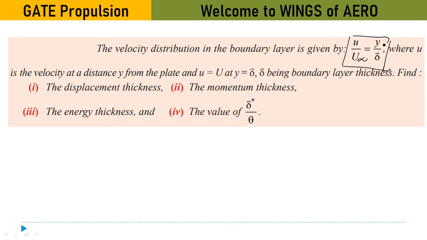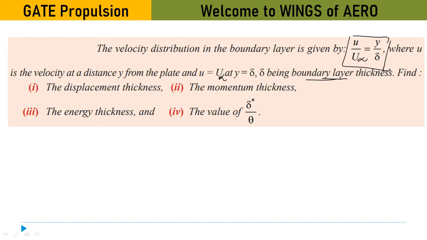So already we have seen what del star by theta is, that is the shape factor, isn't it? Now how do we find this? Whenever this kind of problem appears, first you write down the formula. What is displacement thickness? Del star is integral 0 to del of 1 minus u by u infinity dy.